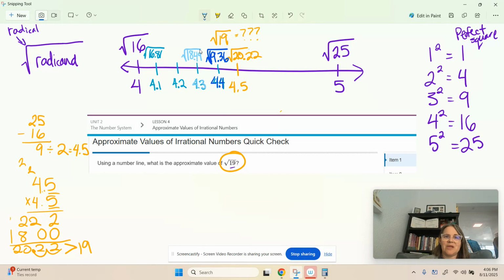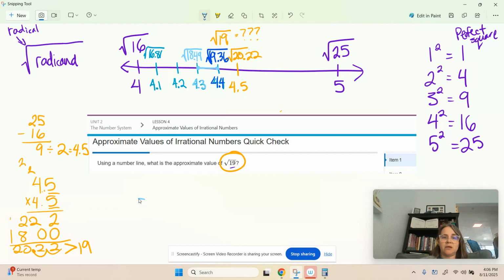Okay, so now check this out, you guys. Now I know it has to be in here. It's going to be in between the square root of 18.49 and the square root of 19.36. And then which one is it closer to? I think it's a little closer to the 19.36, isn't it?